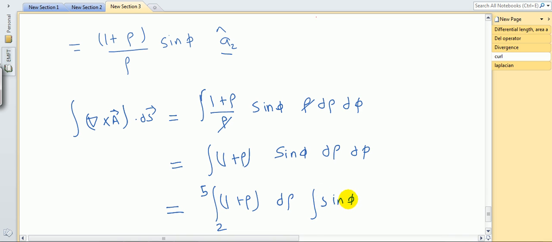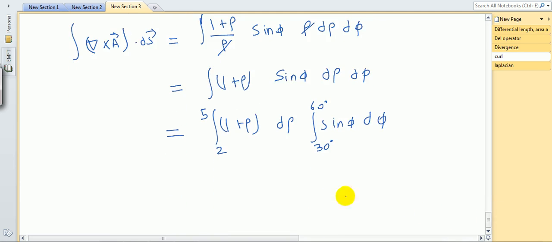As these are independent variables, so I can separate the two integrals into two parts. So this will be sine phi d phi, and the limits for phi are from 30 degree. I'm writing the limits in degree, but you have to be very careful about the degree and the radians. So the limits are from 30 degree to 60 degree. So I can simply integrate this.